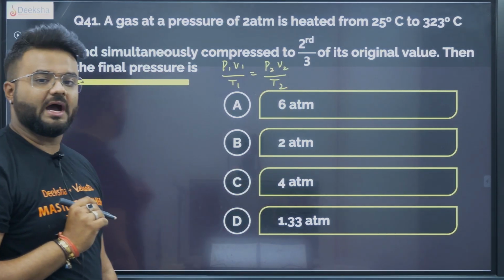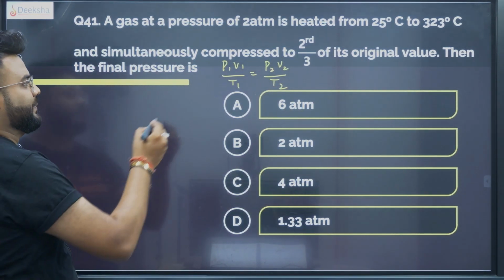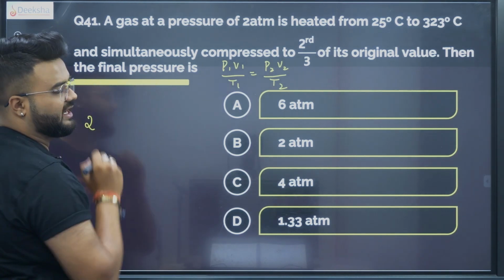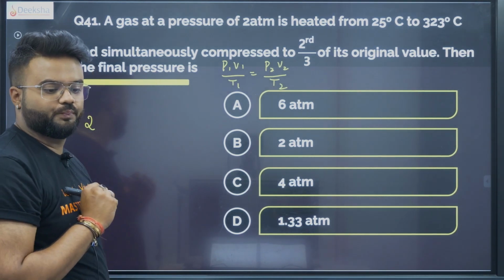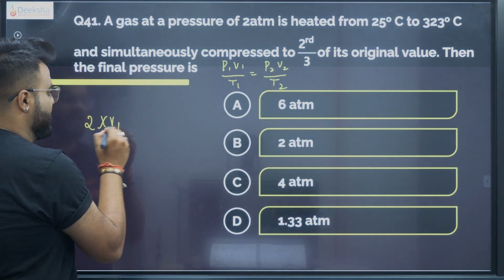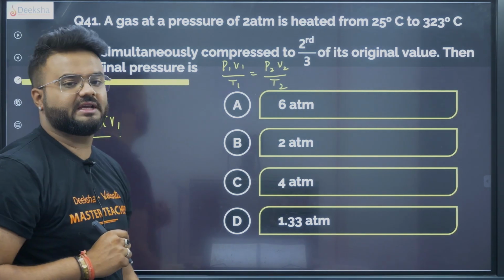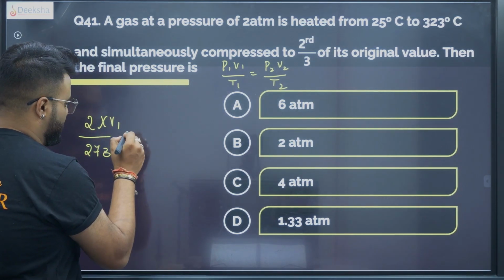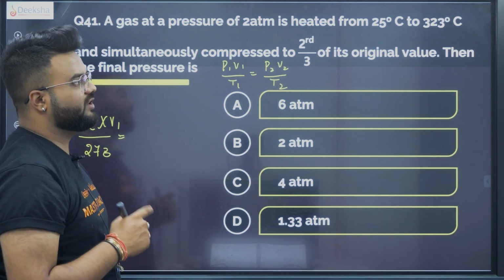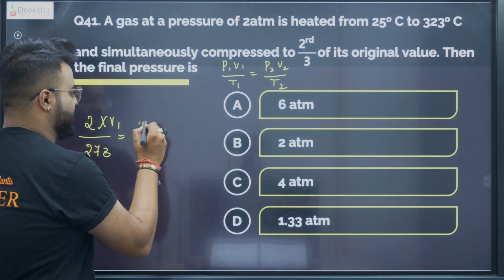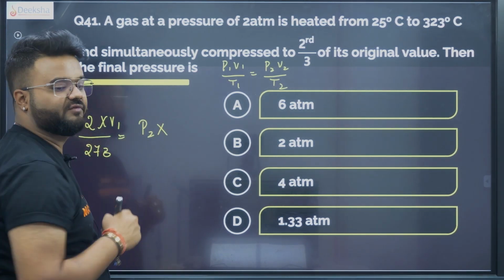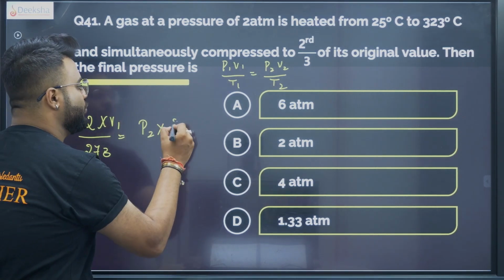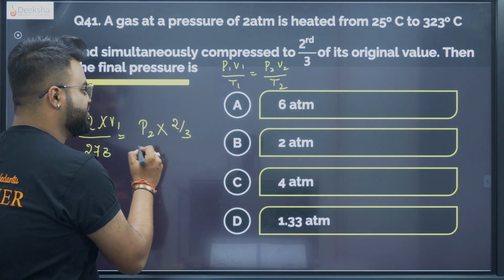P1 is 2 atm, V1 they have not given, and T1 is 25 degrees Celsius, which is 273 Kelvin, is equal to, now we have to find the final pressure P2, which we don't know, and V2 they have given as 2/3 of its original volume.